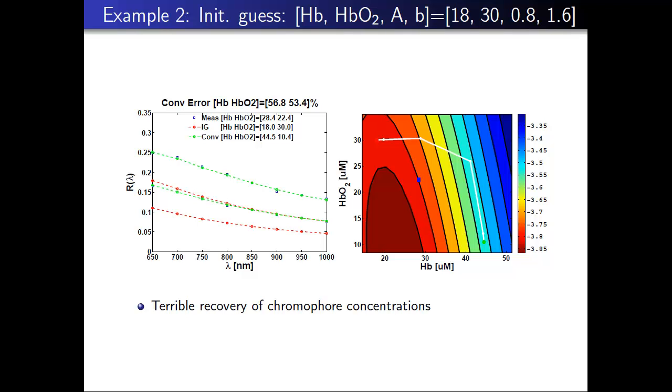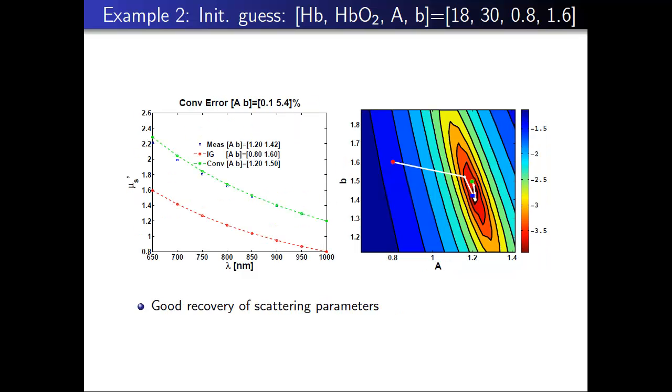It's kind of hard to see on the screen, but it ends up down here. It starts here, and here's how it's moving through the chi-squared method. And here's where the measured actually sits. So that's Hb and HbO2.